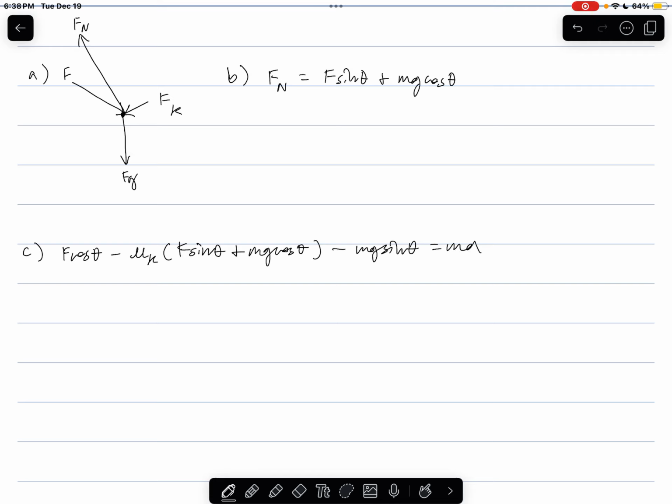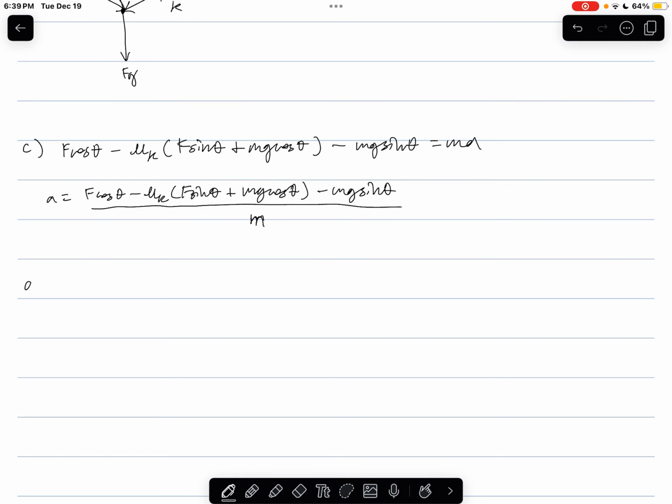And then I divide both sides by m to get acceleration: F cosine of theta minus mu k times (F sine of theta plus Mg cosine of theta) minus Mg sine of theta, all over m.